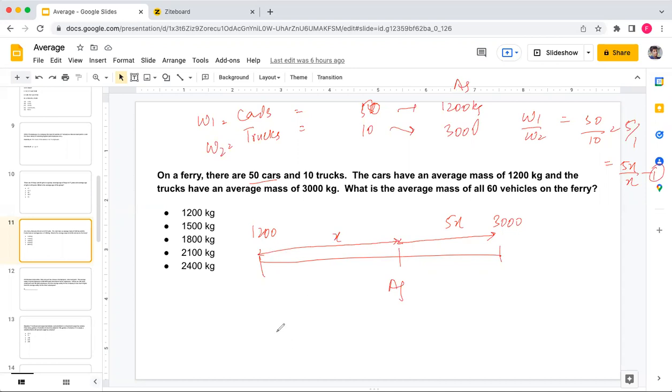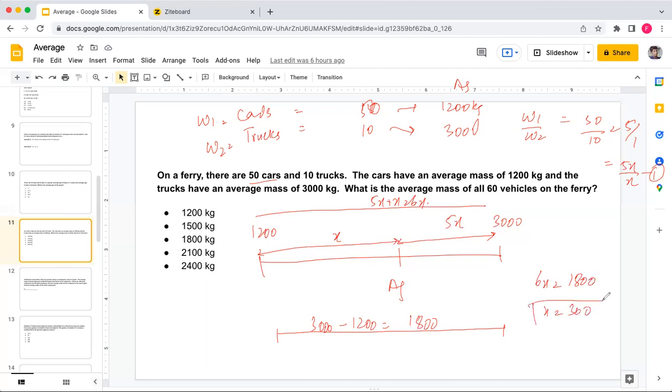So overall, 3000 minus 1200, what is this value? This is 1800. Also, this is equal to 5x plus x, which is 6x, right? So 6x is equal to 1800, x is equal to 300. Now we know x. What is AG?